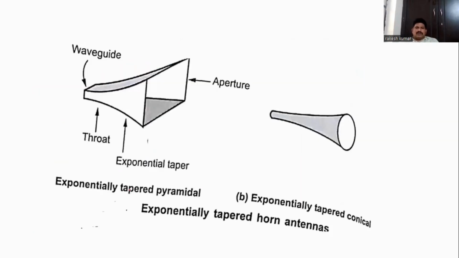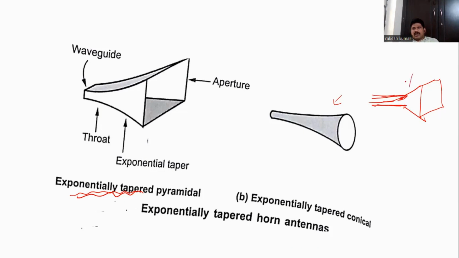The other one is called exponentially tapered. So what is the difference? In the previous one, the waveguide is like this. Whenever the signal is coming here, some of the signal will get struck here.